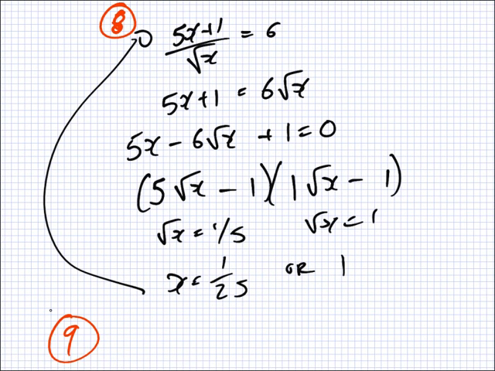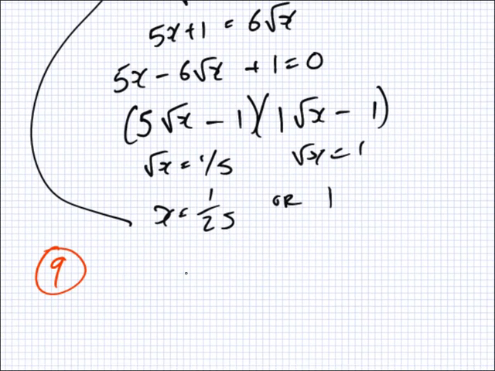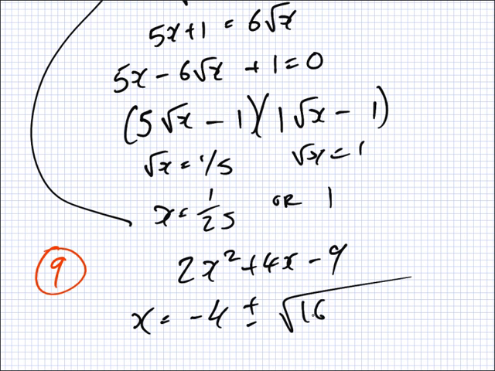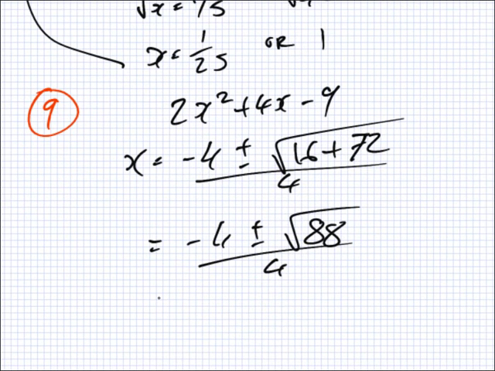Number 9. What are the roots? Here we have to use the calculator. 2x squared plus 4x minus 9. So x equals minus b plus or minus the square root of b squared minus 4ac, all over 2a. So that's minus 4 plus or minus the square root of 88, over 4. I can simplify that a little bit more.